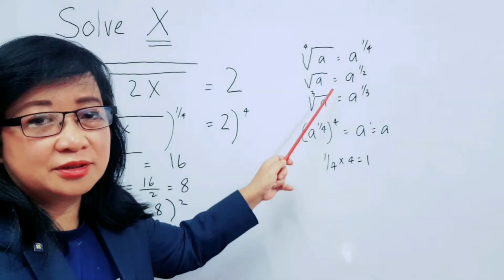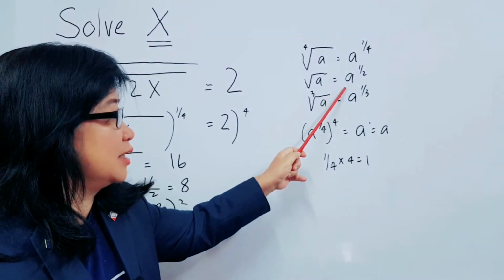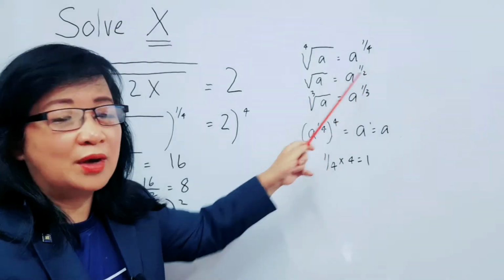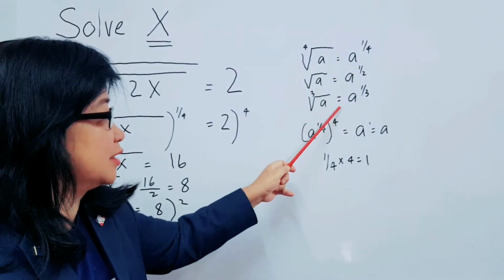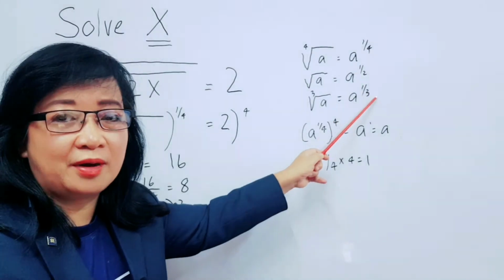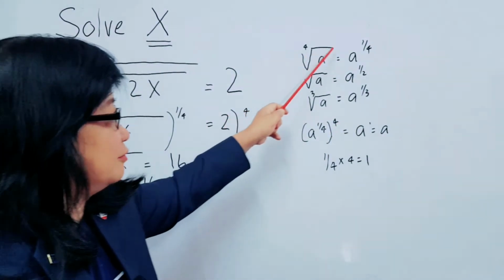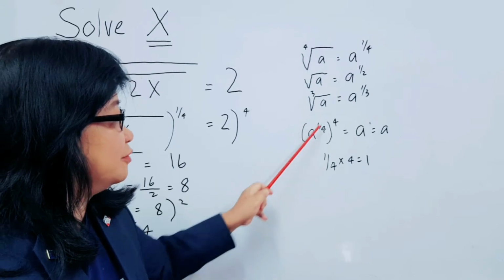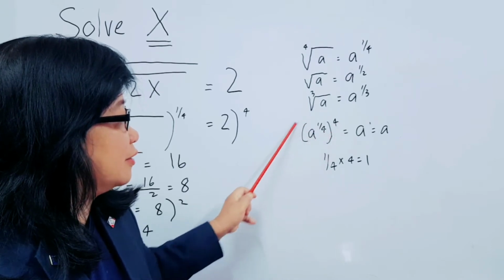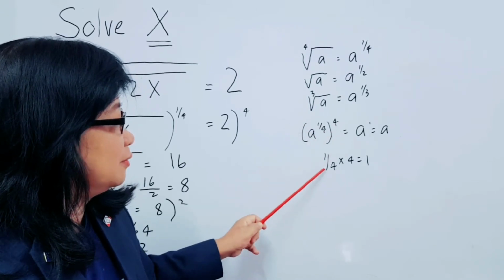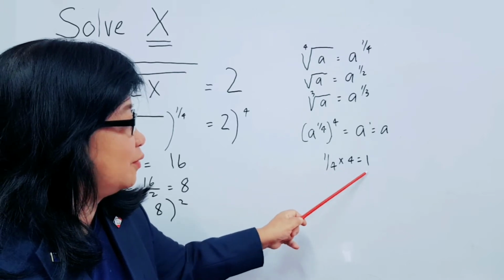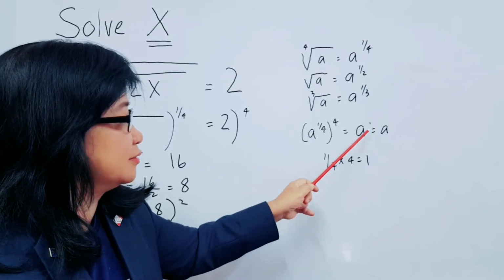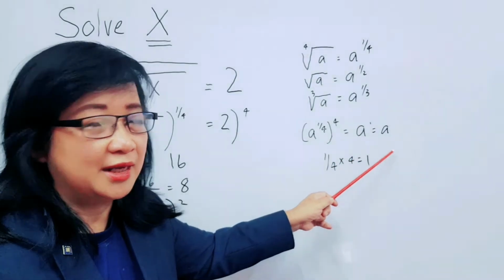Or, for example, the square root of a can be written as a raised to the 1/2, or the cube root of a can be written as a raised to the power 1/3. So for example, a raised to the power 1/4, if you multiply it by the power 4, it will be 1/4 times 4 is equal to 1. Therefore, a raised to the power 1, which is equal to a.